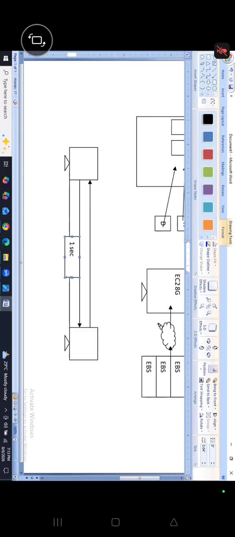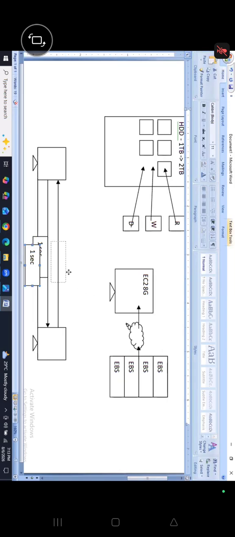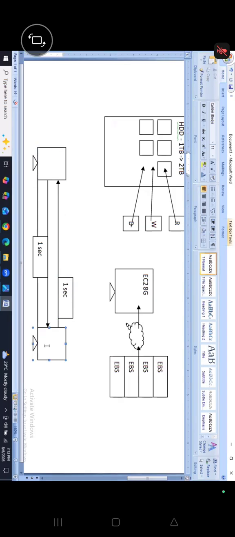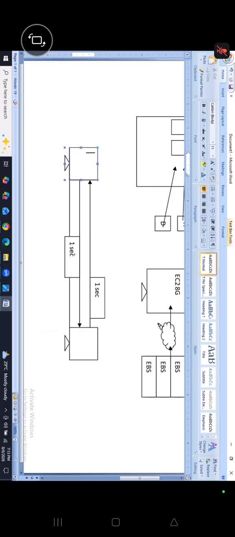The response also takes maybe 1 second. Assume 1 second to provide the response to the sender. 1 second plus 1 second, how much? 2 seconds, right? 1 plus 1, 2. 2 seconds latency here. I hope you got it, guys.